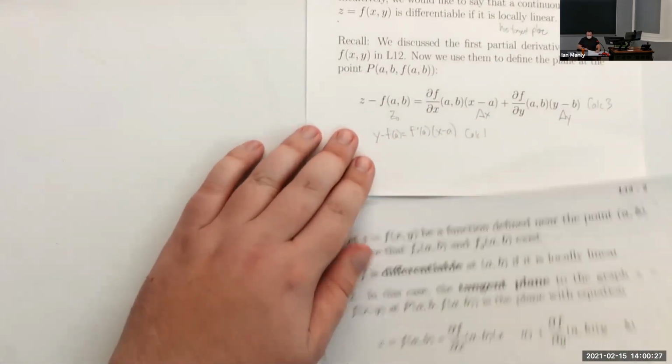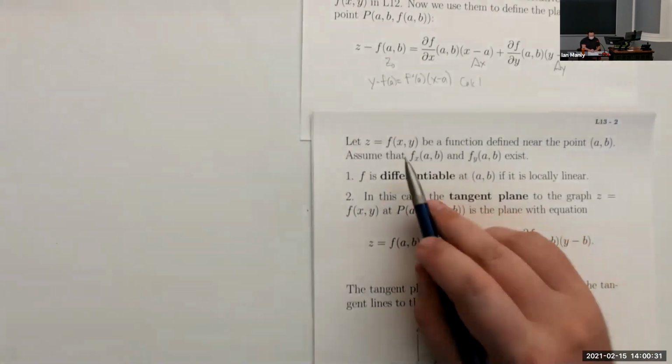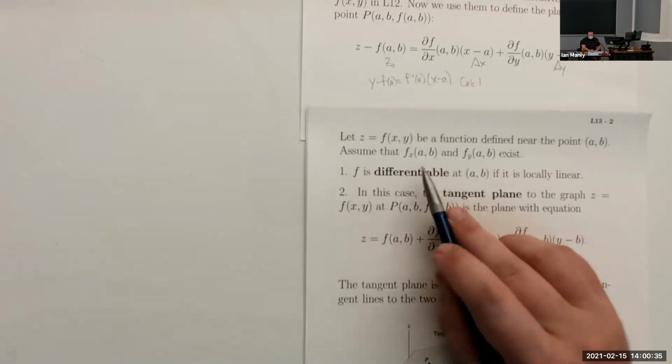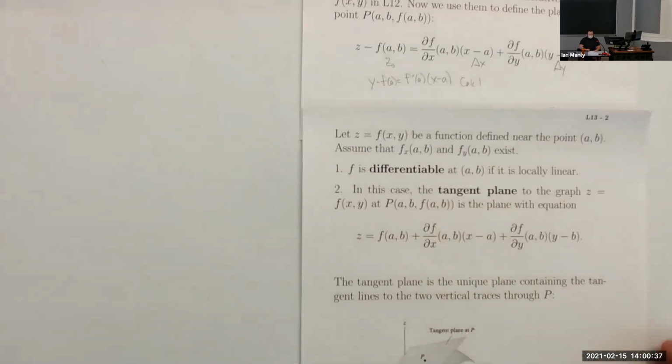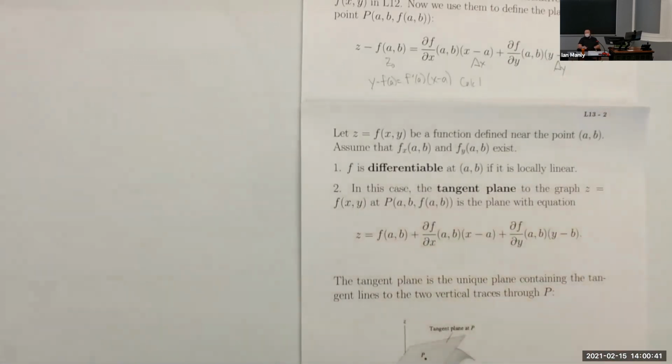Let's talk a little more about this. Suppose we have a function that's defined near a point, and suppose both of our partial derivatives at that point exist. We say that f is differentiable if it is locally linear, meaning it has a tangent plane right there and can be approximated with a tangent plane.